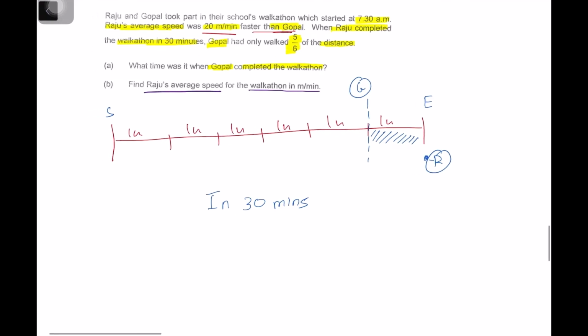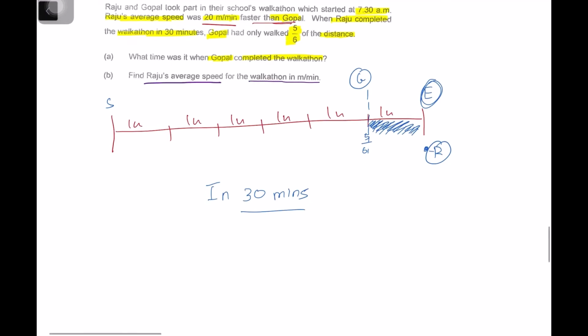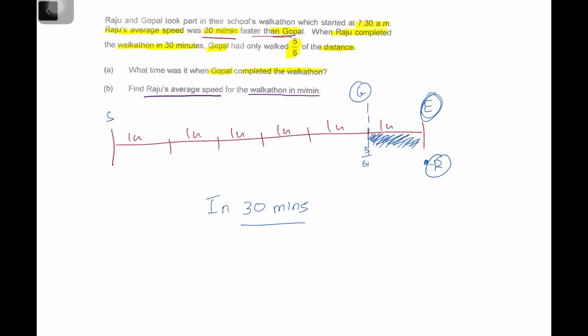Raju had the speed 20 meters per minute more than Gopal, and in 30 minutes when Raju was at the end point, Gopal was still at the 5/6 mark of the whole distance. So this means that Raju walked 1 unit distance more than Gopal, right? And the question states that Raju walked 20 meters per minute faster than Gopal.